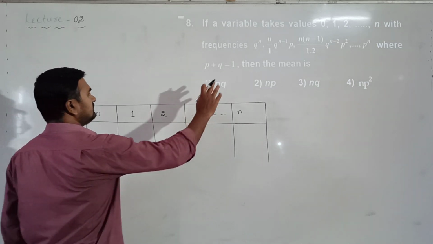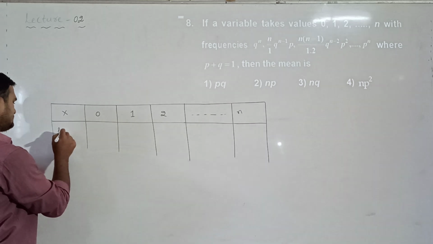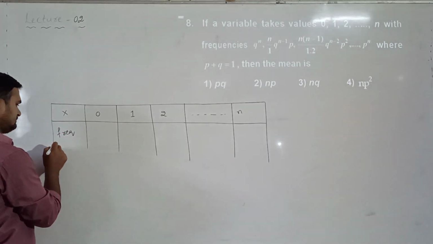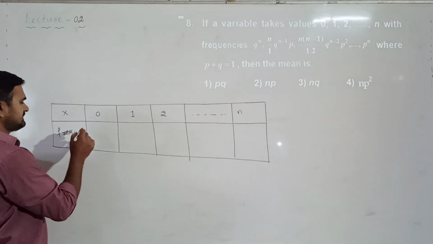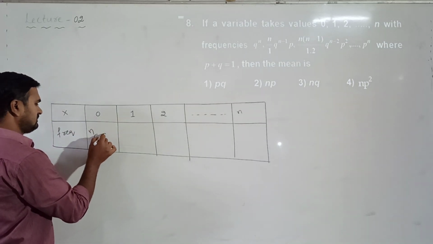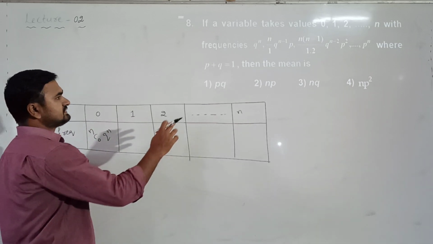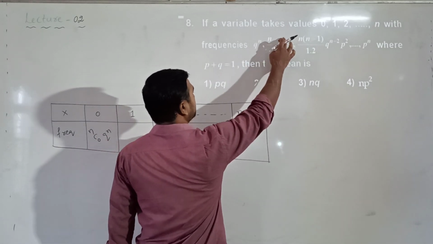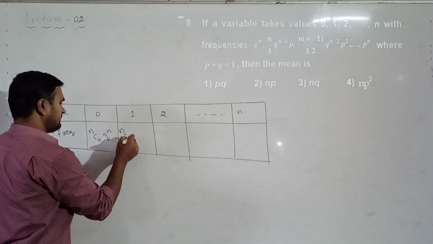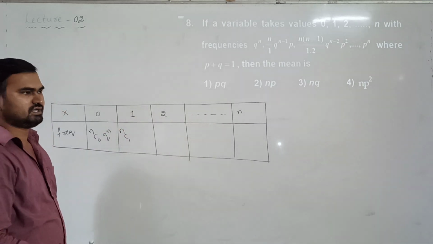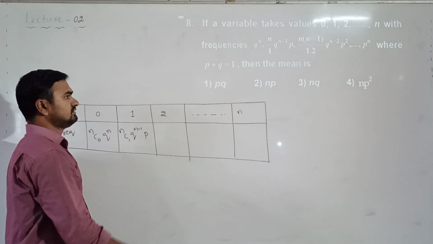Now this q power n, I write it as nc naught into q power n, because nc naught is 1. Next, n by 1 into q power n minus 1 into p, I can write as nc1 q power n minus 1 into p.